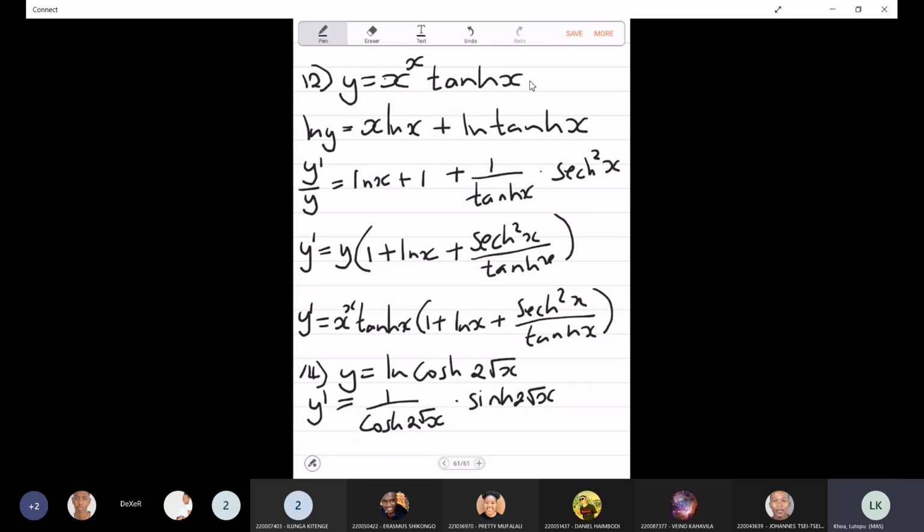Derivative of 2 square root of x is just 1 over the square root of x. Okay, then you can rewrite this as a single fraction, but here we have sinh over cosh, that's tanh. So we have tanh of 2 square root x over the square root of x.